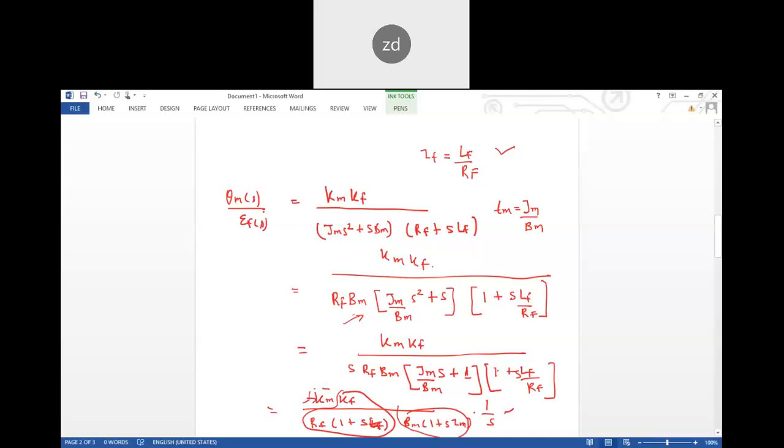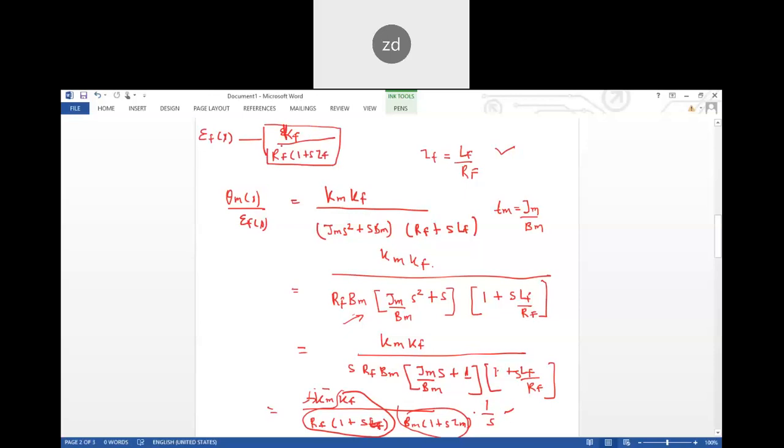Now if I want to express the same in block diagram form, I can see my input value is Ef of S, the input that is entering. Now I have this Kf function, which would be equal to Kf by 1 plus S Tf.